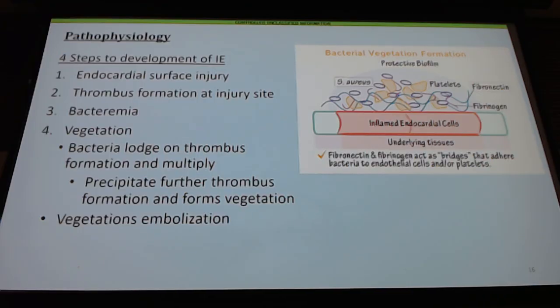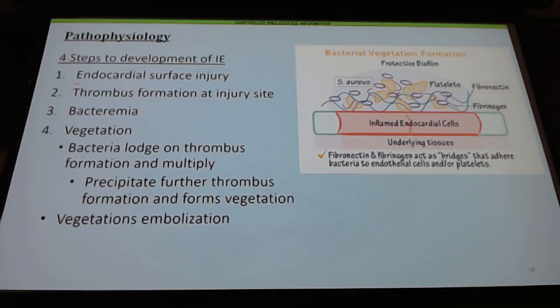If it was just that simple, we would see probably 100, 200, 300,000 cases a year. But we only see 10 to 15,000. So that tells you this is a more complex condition, and it really occurs in 4 steps.